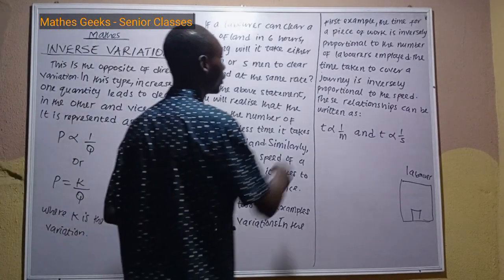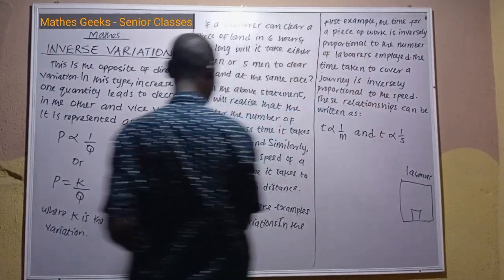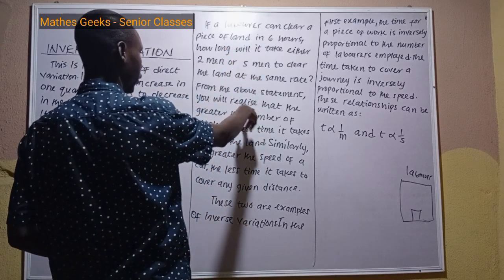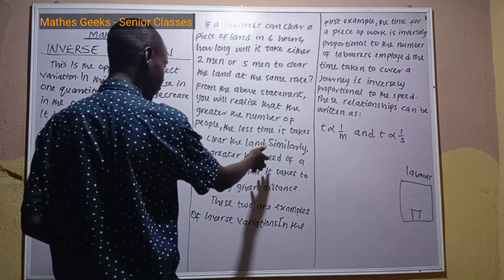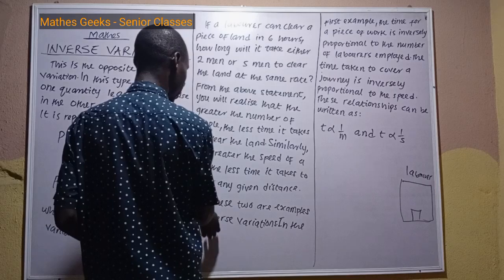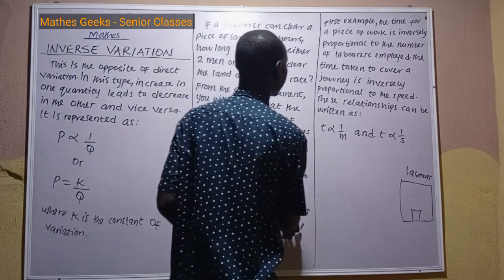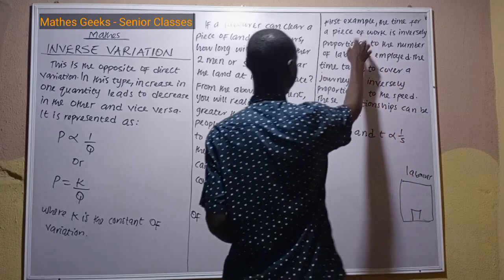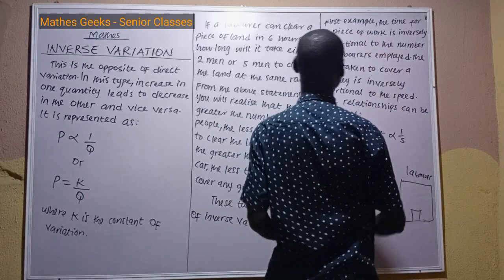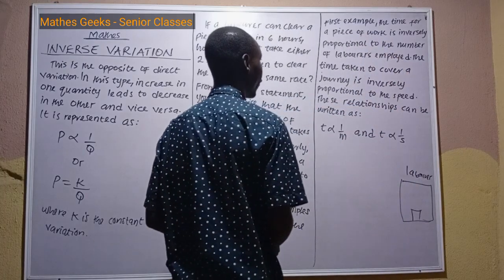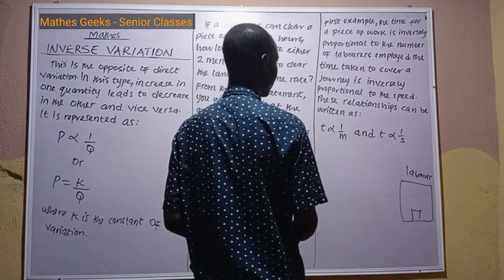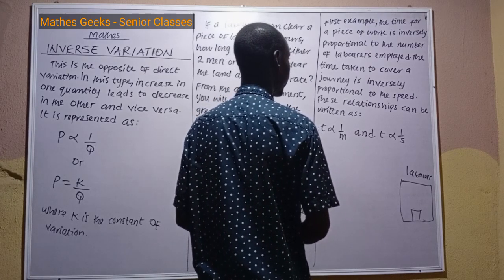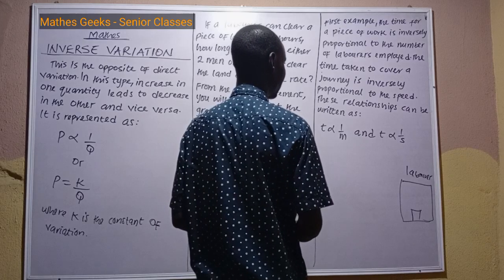These two examples, the case of the laborer and the speed of the car, are examples of inverse variations. In the first example, the time for a piece of work is inversely proportional to the number of laborers employed. The time taken to cover a journey is inversely proportional to the speed.